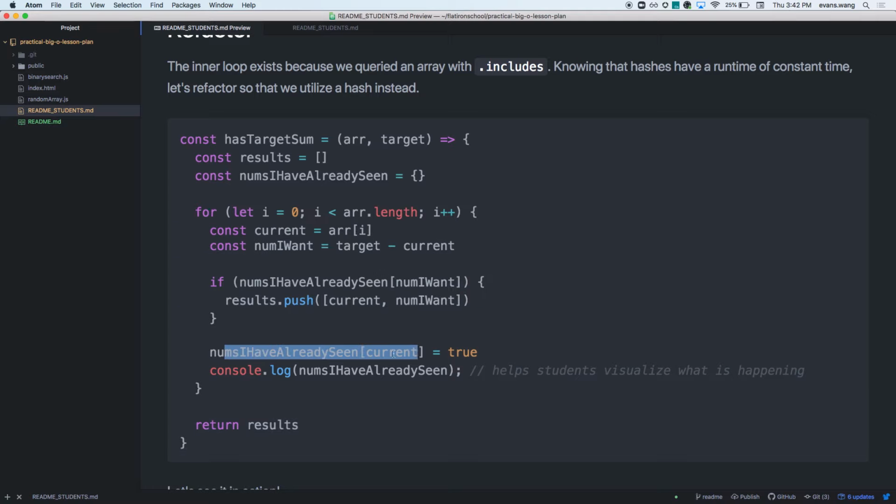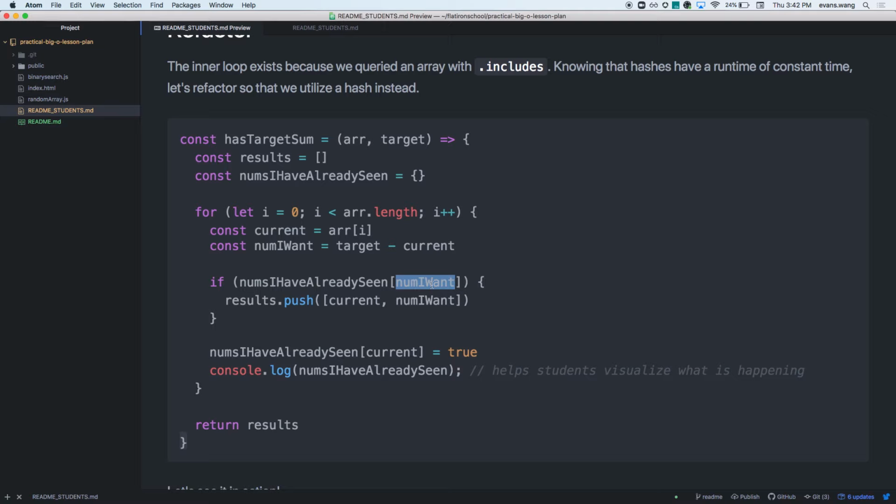No. Then I'm going to do the object at a key of 7, and it's going to point to a value of true. So all I have to do is check the numbers I've already seen. If I pass in 7 again, what's going to happen? I'm sorry, the number I want. It should be null if it doesn't exist.